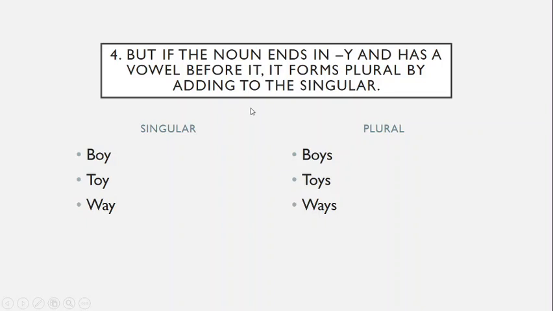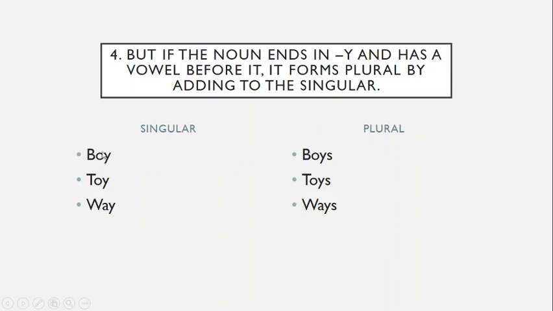Okay, but if the noun ends in y and has a vowel before it, it forms plural by adding s to the singular. Here I have students made a mistake. You are going to read it: s to the singular. For example, if there is y at the end, but the letter before the y is a vowel.